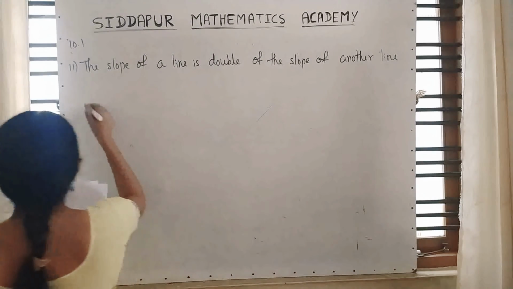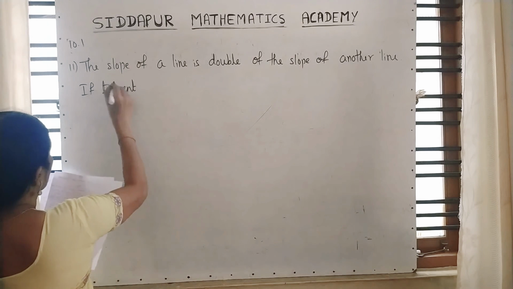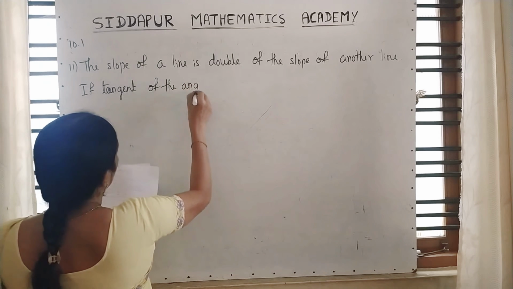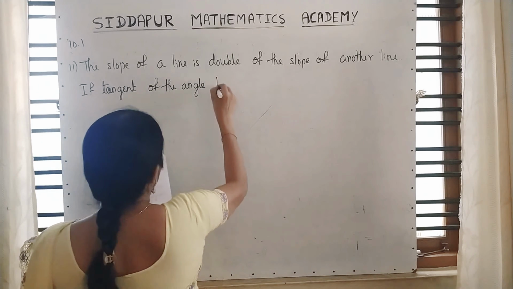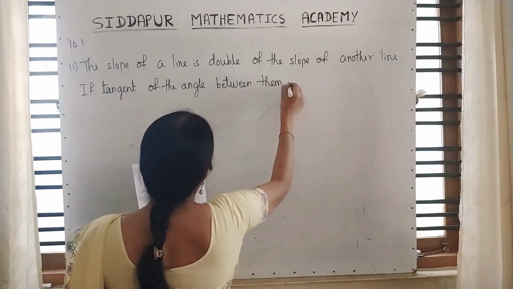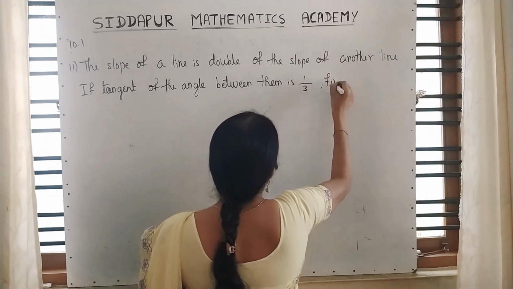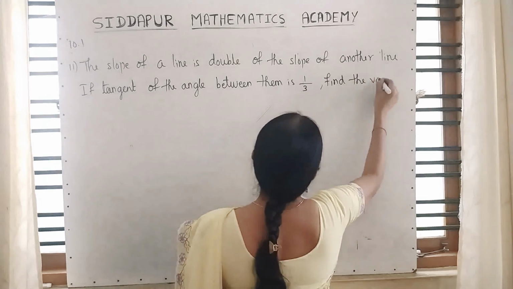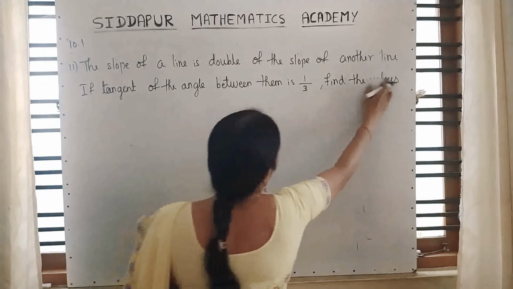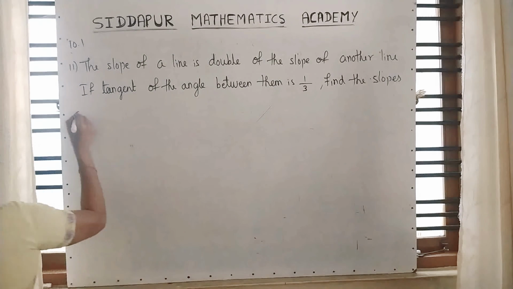If the tangent of the angle between them is 1/3, find the slopes of the lines.